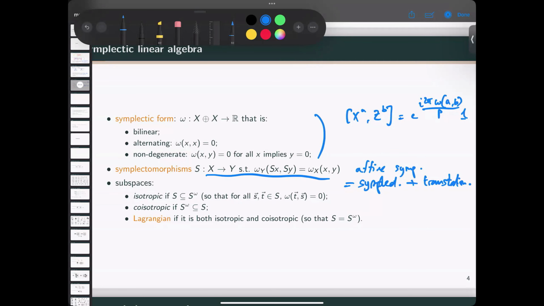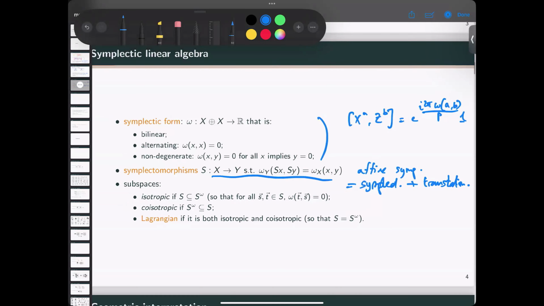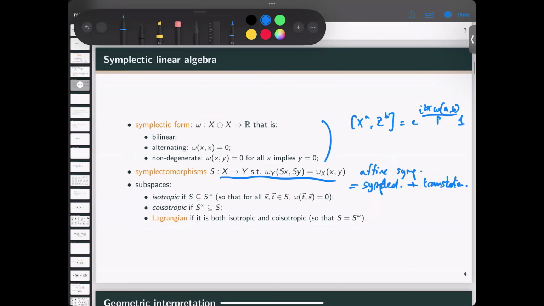And this is another slightly tricky definition to put down. You can define this set S to the power omega, which is defined in the same way as you would define the orthogonal complement of a subspace or a subset, only instead of using an inner product, you use the symplectic form instead.